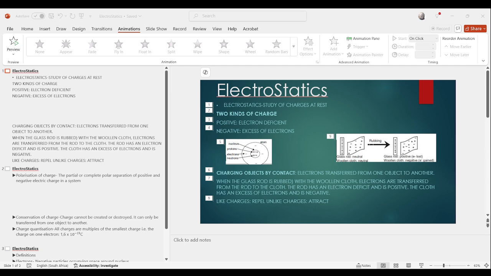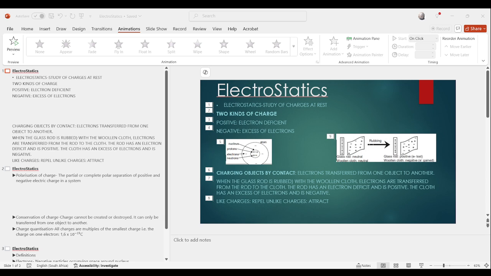As you can see on the screen, the glass rod is neutral and the woolen cloth is neutral, but within the neutral ruler and the neutral cloth, there are positive and negative charges.